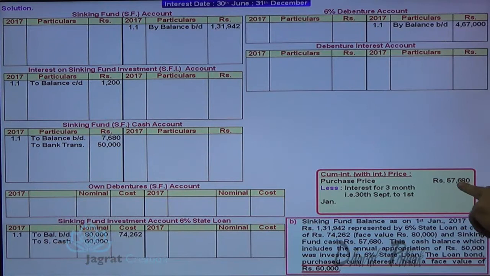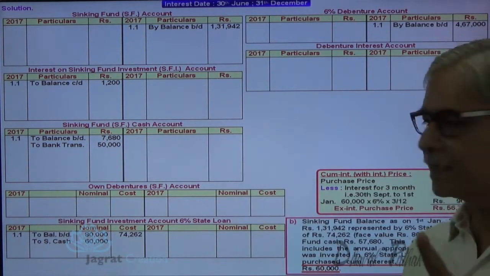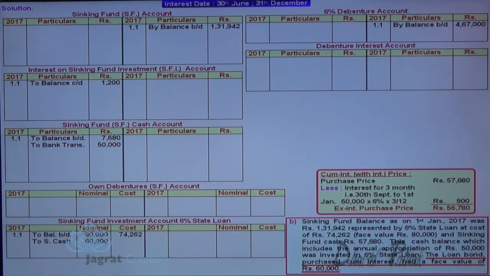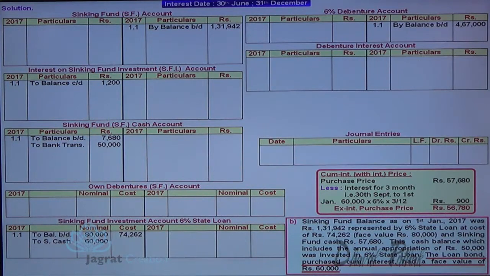So in 57,680, the 3 months interest, last 30th September to 1st of January. So 60,000 into 6% into 3/12, this is the interest element. So the ex interest purchase price of this sinking fund investment from this cash balance is 56,780. So let me write down the journal entry.